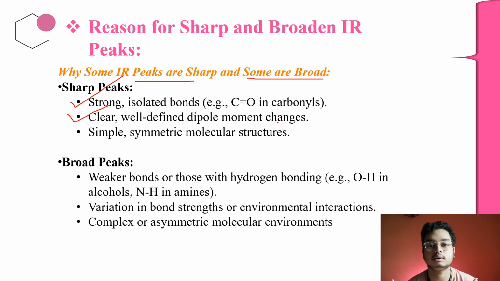And if the molecule is symmetric, then also we get a sharp peak. Broad peaks are observed when there is a weaker bond, or the bond is influenced by hydrogen bonding with the solvent. For example, OH in alcohols and NH in amines are prone to hydrogen bonding with solvents, which leads to broad peaks.